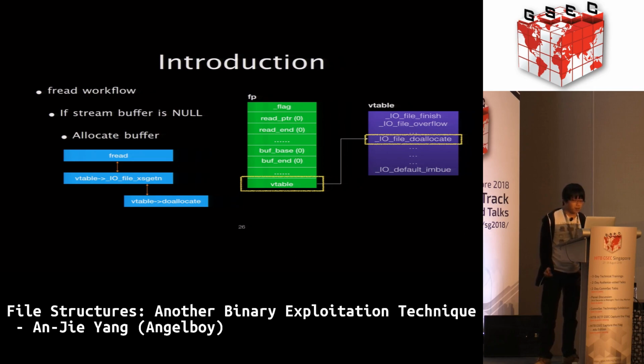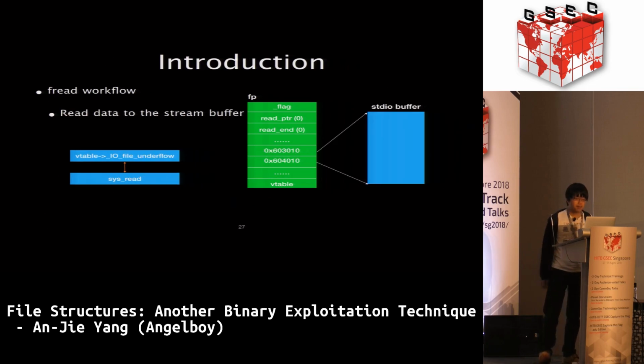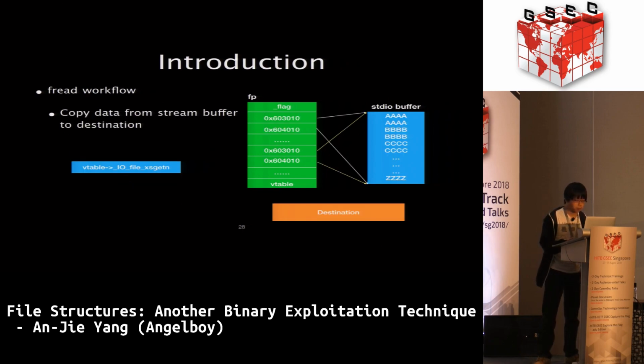By the way, file_doallocate will use malloc, mmap, or a user-defined memory allocator to allocate the stream buffer. After that, fread will use a system call to read a lot of data from the file to the stream buffer. Then it copies the data which you want to read from the stream buffer to the destination. Okay, that is fread.